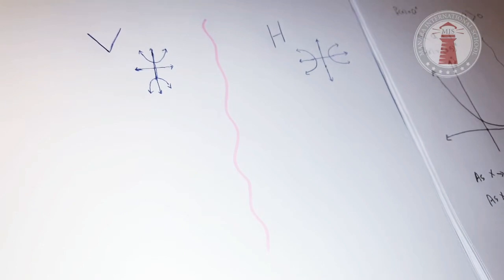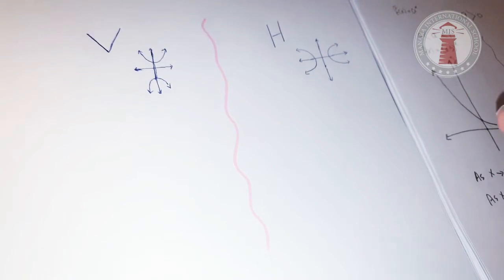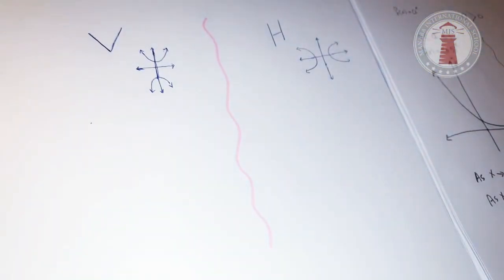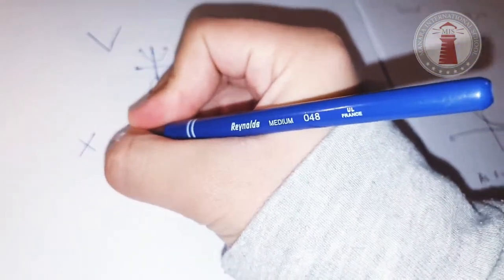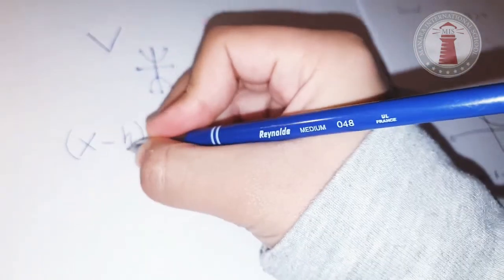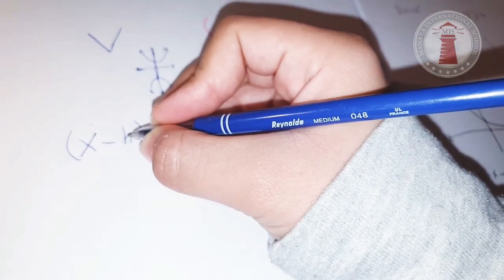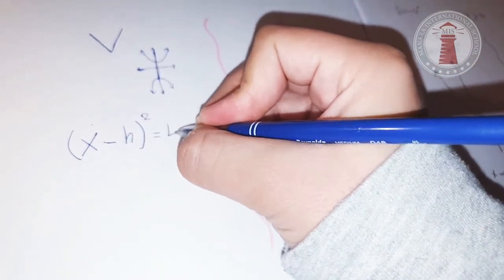Now, also to remember, why did I write with these two small graphs? Because this will make you remember the formulas easily. We have two different formulas. We have the first one, which is for the vertical, that is x minus h, which is the parameter that we always use for the amount shifted in the x-axis, squared equals 4p.